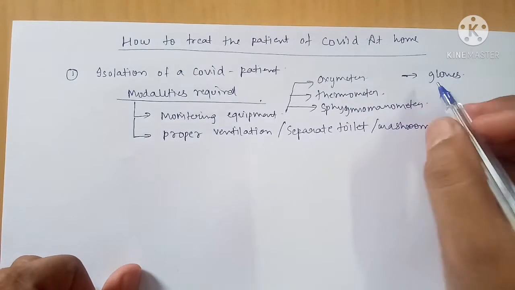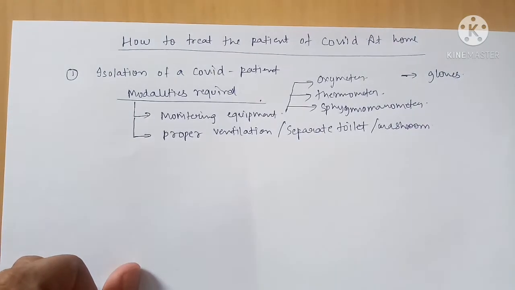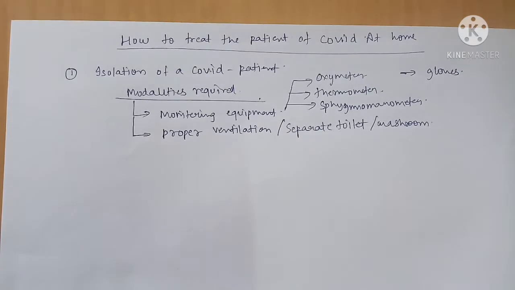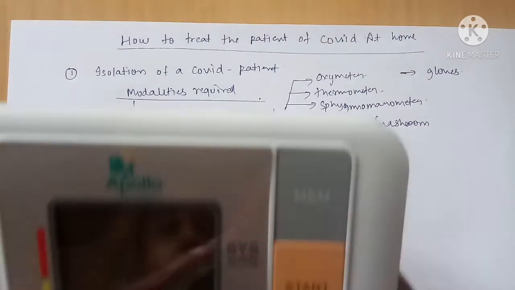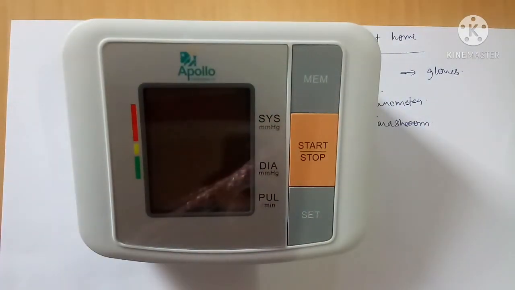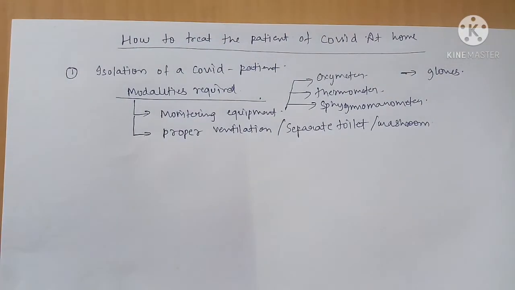These gloves are for the caretaker who is taking care of the COVID patient. For the sphygmomanometer, we don't need the old mercury type. We can use this type which I am showing you here. This is a digital one. We can use this for monitoring the pulse rate and BP of the patient.